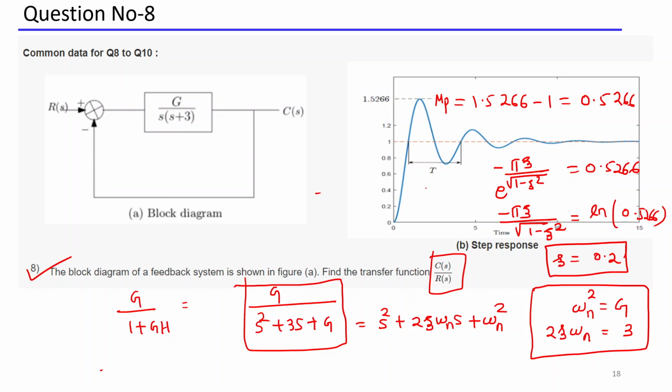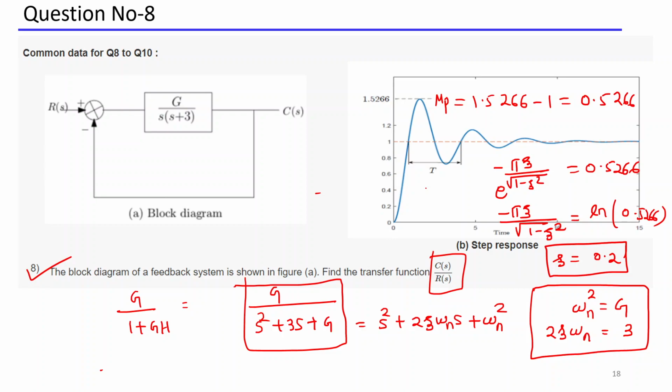So directly, sir, as we have got zeta, omega n is not known. Omega n is also not known. Then how will you find g, sir? We have to first find zeta.